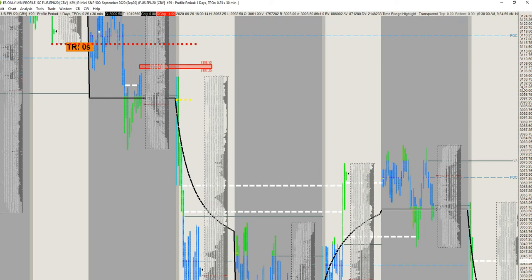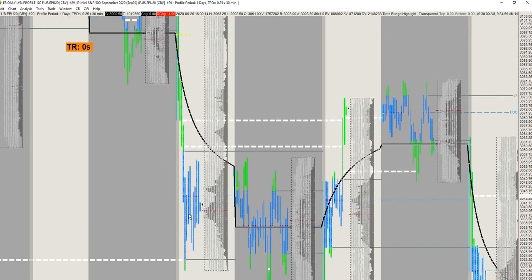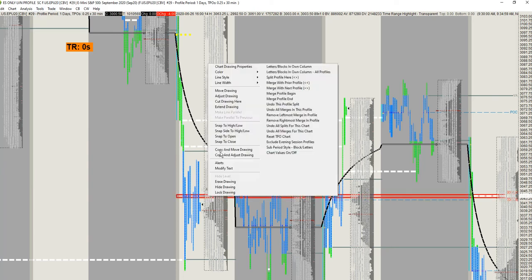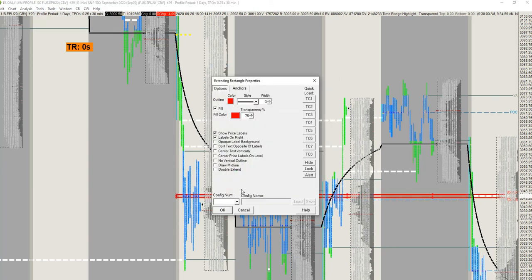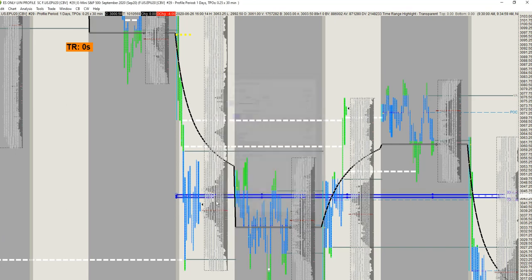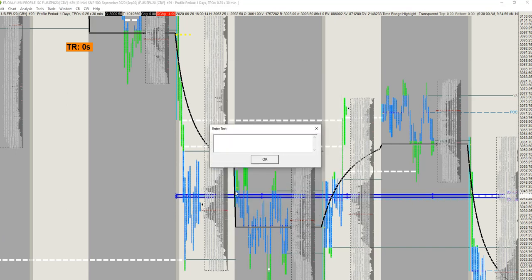So now we have this day. Market is trading lower with lower value. This is where value is this day. Now let's do the same thing. We've got the TPOC, six.